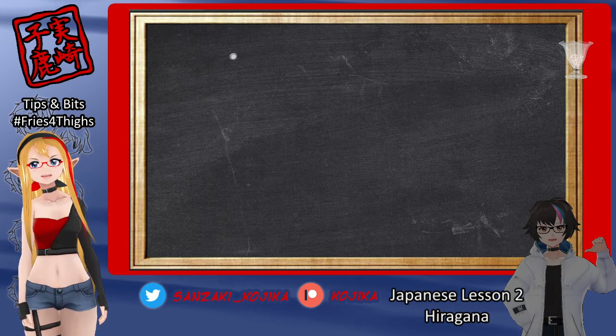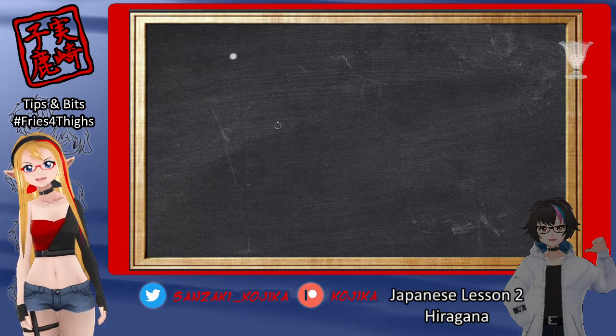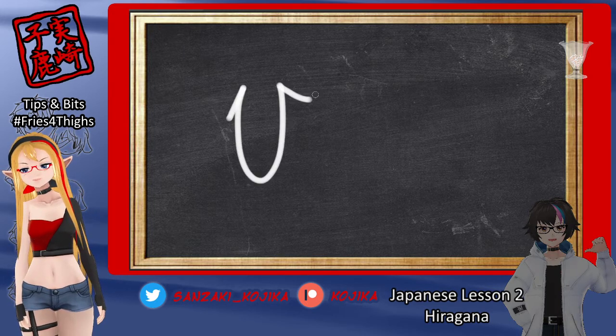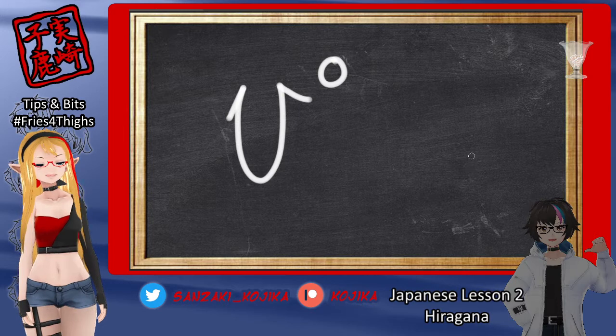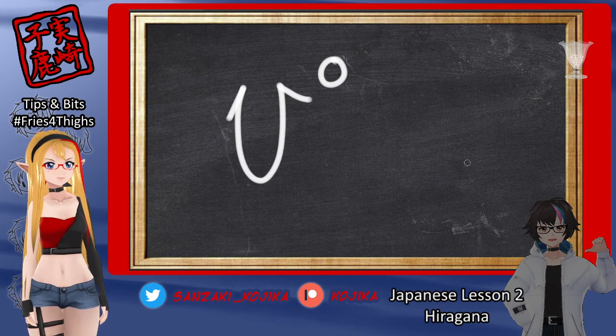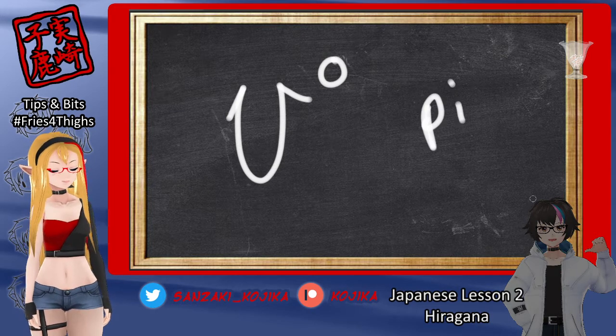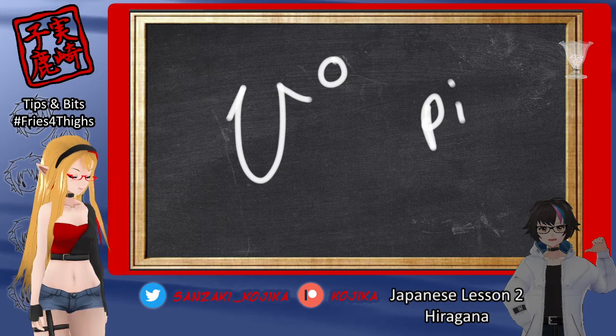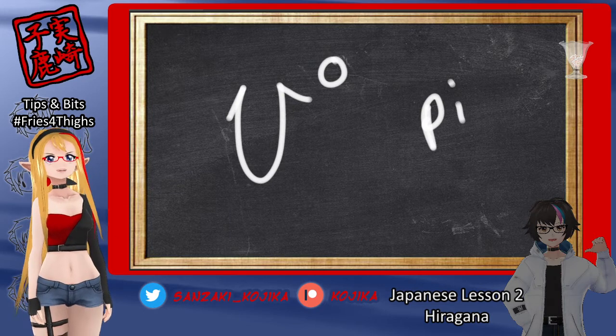So if we take he and add a maru, what does it become, guys? It becomes P. Beep, beep, beep. It works the same way for the whole H family.